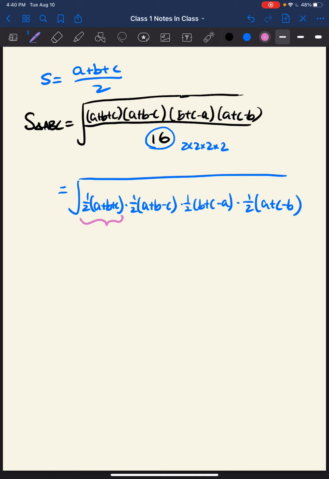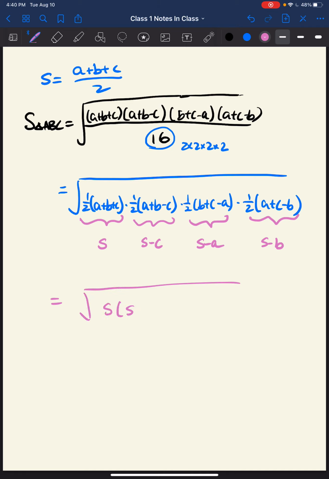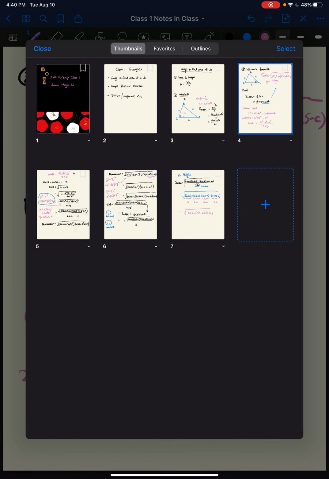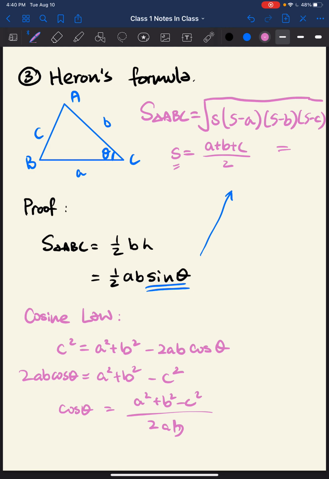Then we can see that this part is basically s. This part is s minus c. This part is s minus a. This part is s minus b. Therefore, our formula became s times s minus c, s minus a, s minus b, which is exactly the same as this one right here.